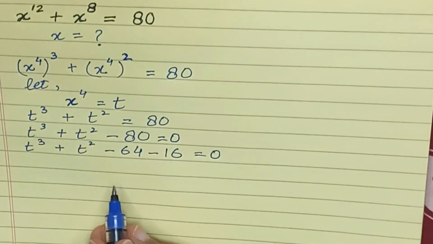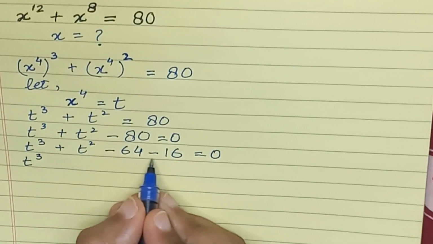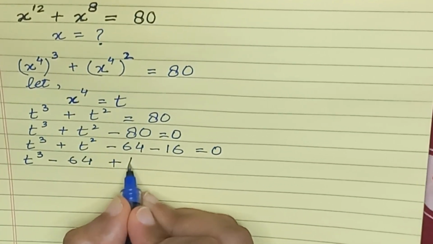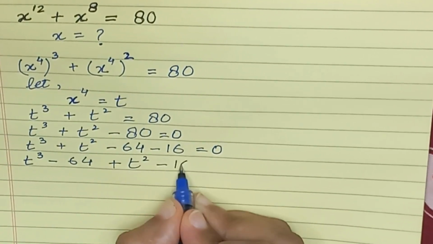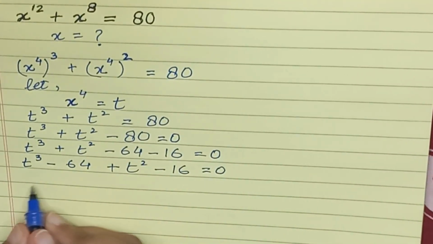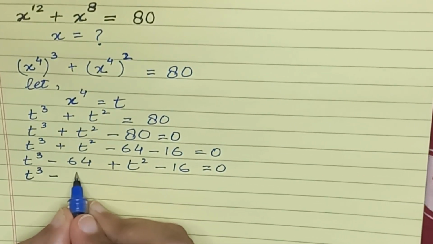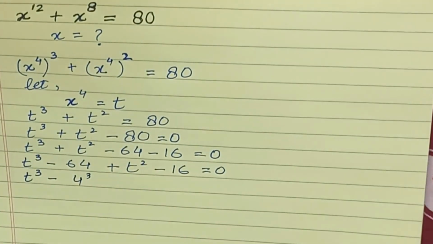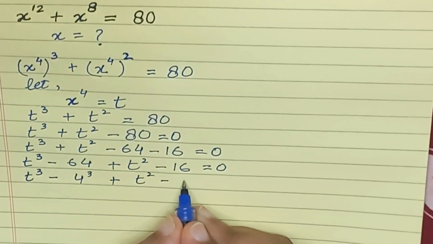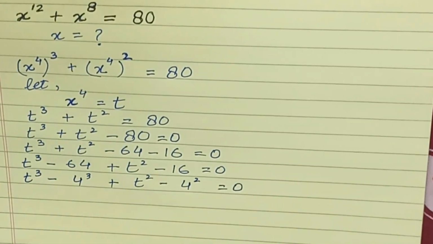So we will rearrange this equation: t cube minus 64 and t square minus 16 is equal to 0. So t cube minus 64 can be written as t cube minus 4 cube, plus t square minus 4 square, which is equal to 0.